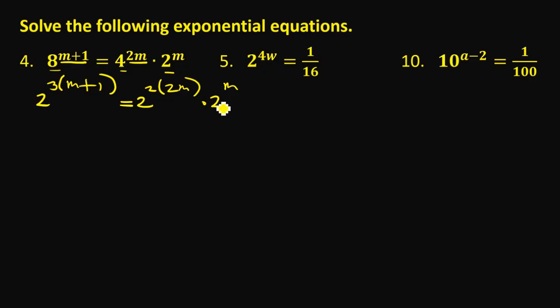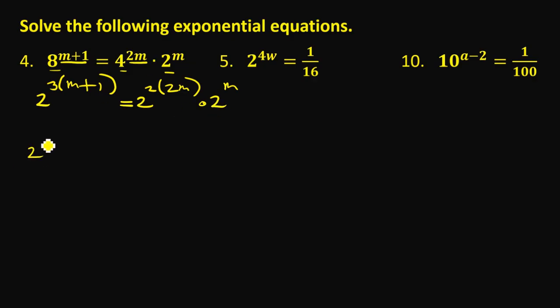Next, we apply here the product rule, wherein you copy the base if the two terms have the same base, and then add their exponents. That is the product rule.